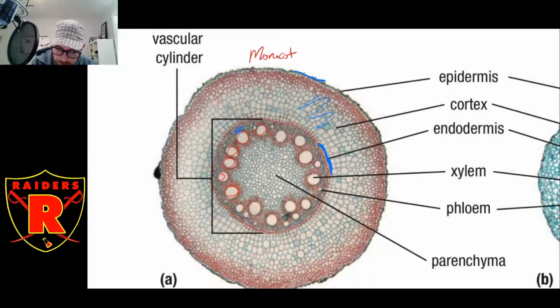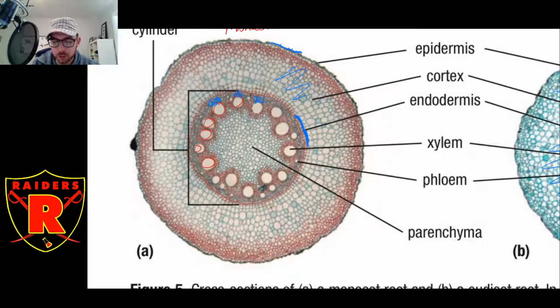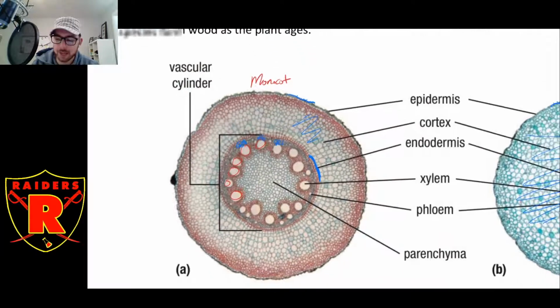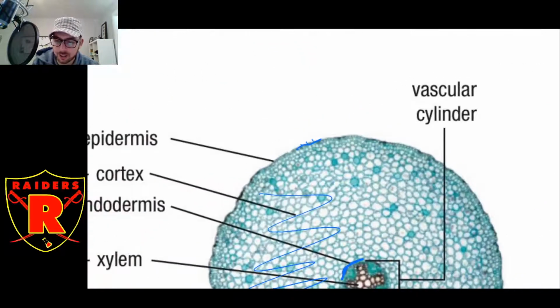And so that is these cells here towards the outside. So the sugar transport is towards the outside, and the water transport is towards the center of the plant. So they're in a circle in the monocot.